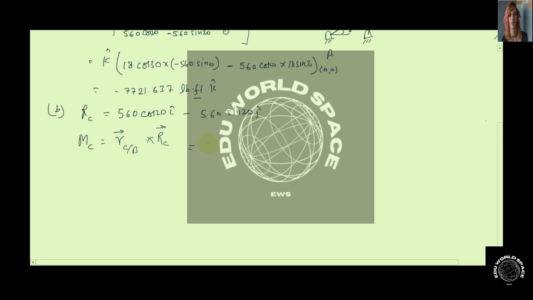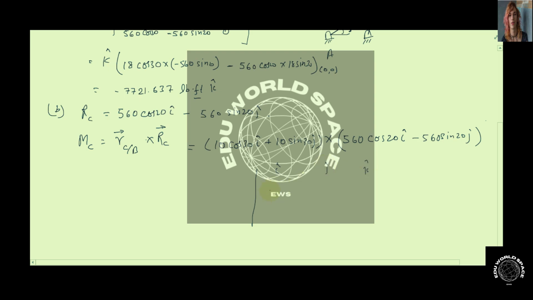Now the position vector of point C with respect to B is 10 cos 30 i cap plus 10 sin 30 j cap. This is crossed with the force, that is 560 cos 20 i cap minus 560 sin 20 j cap. We can solve this by using a determinant with i cap, j cap, k cap.